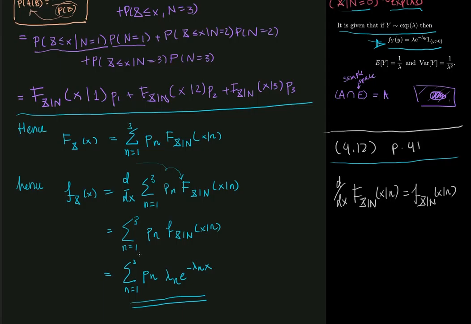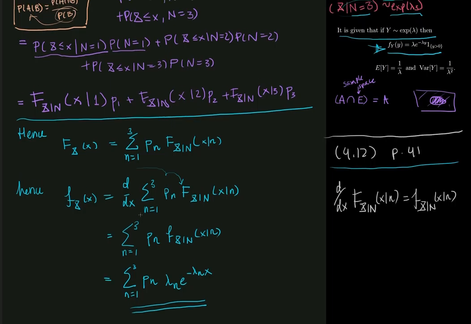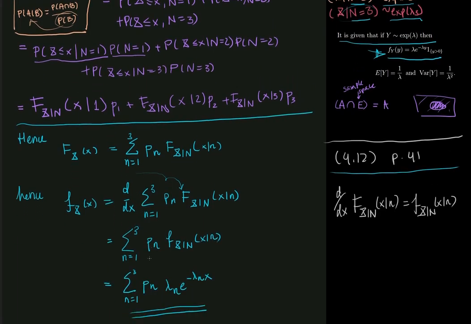And not surprisingly so, because what we've just reached as a conclusion is that the density of the unconditional loss is equal to taking each of the conditional densities, so for case 1 this will be lambda 1 e to the minus lambda 1 x, and multiplying them by the probability that that will be the density we use for x.